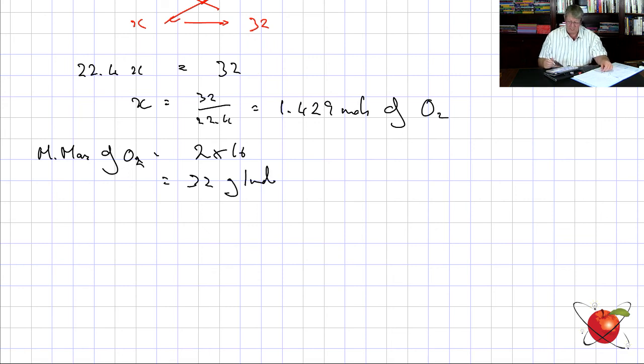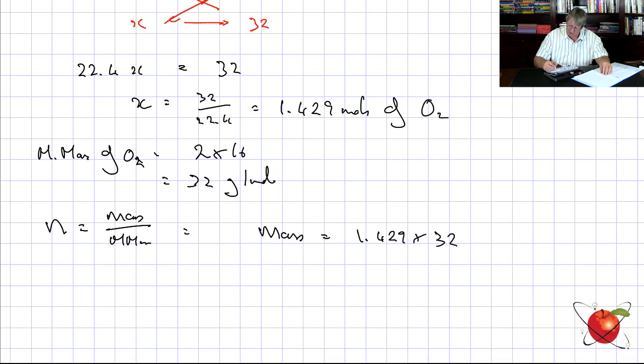We say N is equal to mass over molar mass, so I can work out the mass: 1.429 multiplied by 32, and my final answer is going to be 45.71 grams.